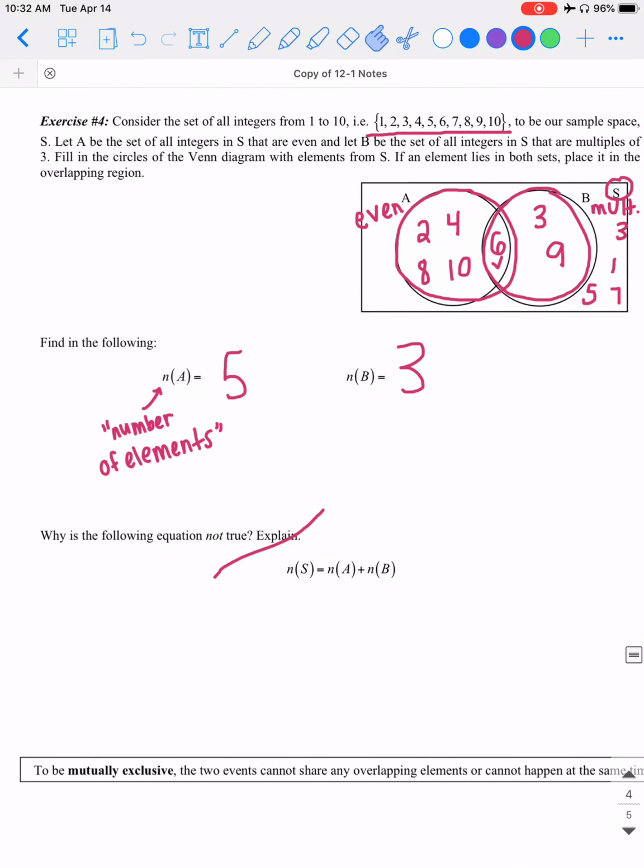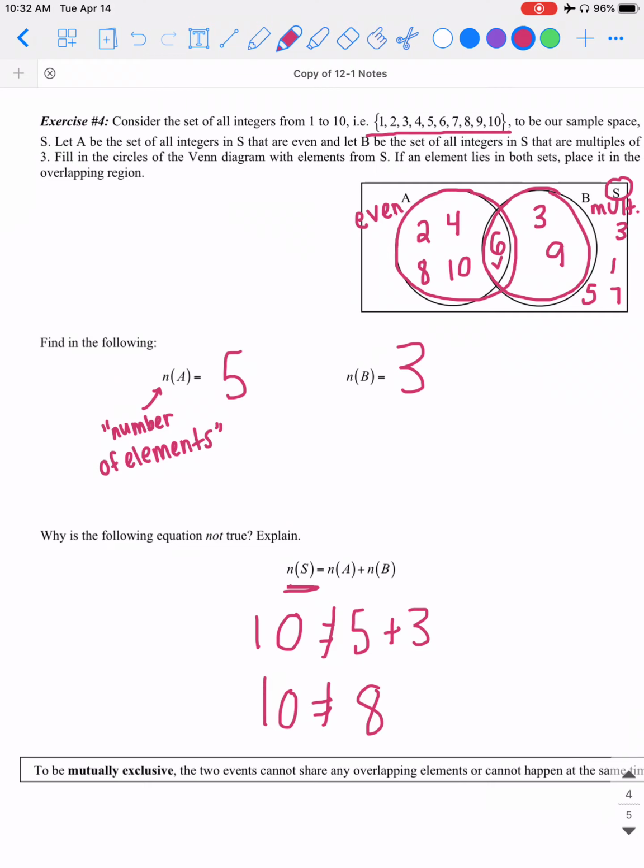And then our next part says, why is the following equation not true? So the number of elements in our whole sample space, we know this is integers from 1 to 10. So we have 10 elements in the sample space, is not equal to 5 plus 3, right? 10 is not equal to 8. And why is that true?